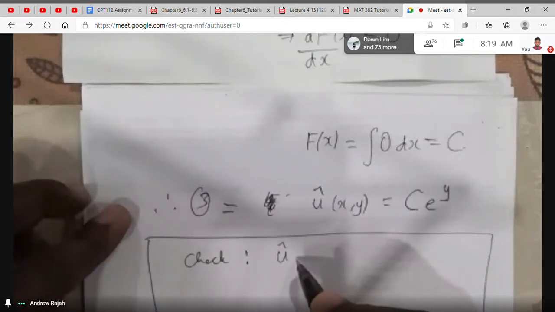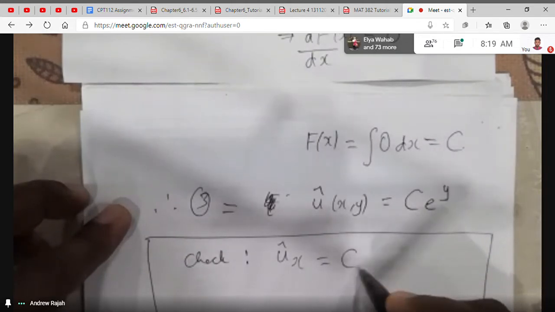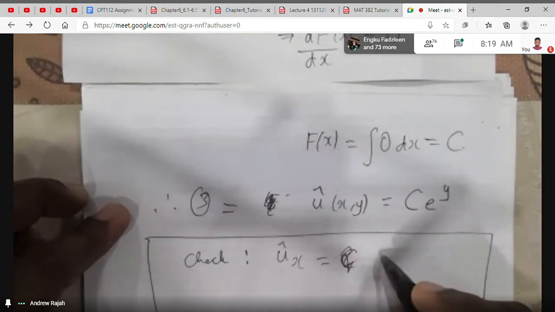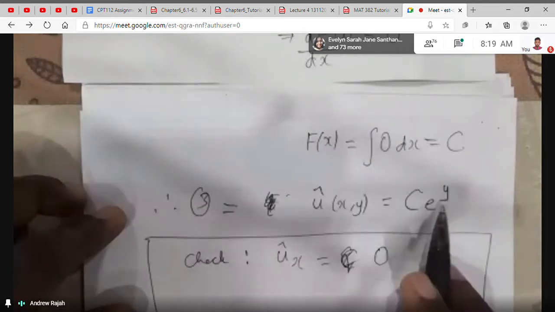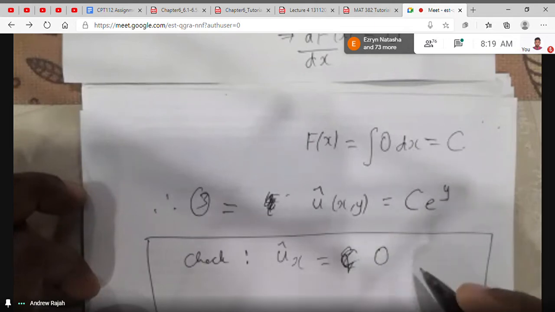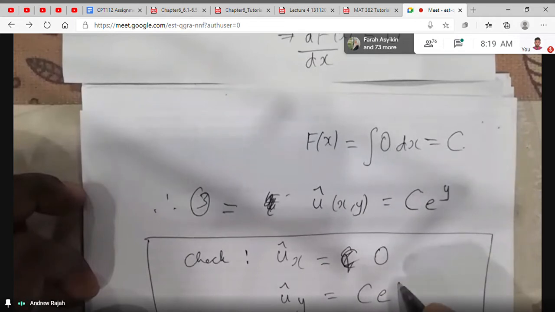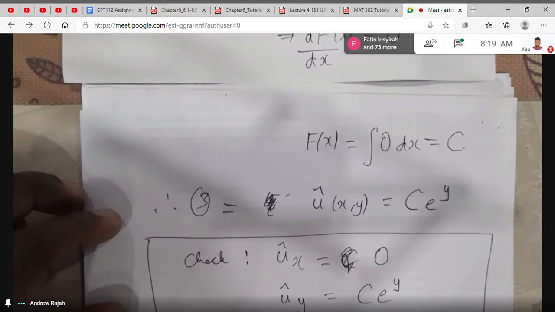You had x equals to c. Differentiate function in y, so it becomes 0. And you had y is c e power of y. Okay?